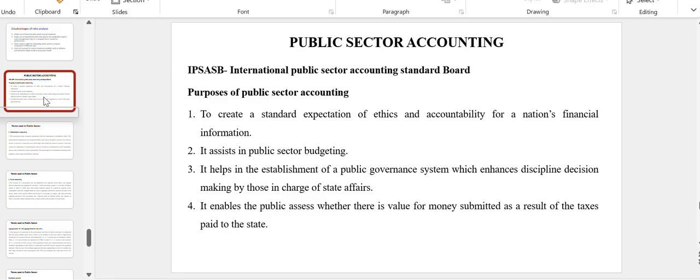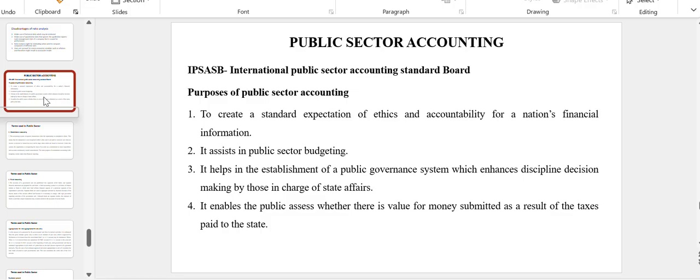Okay, so we can conclude and say IPSAS, or these laws in the public sector, are normally formulated and amended by the International Public Sector Accounting Standards Board.